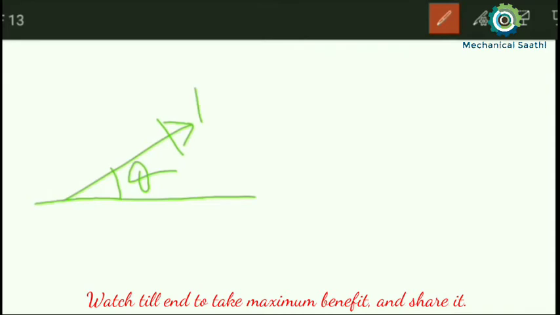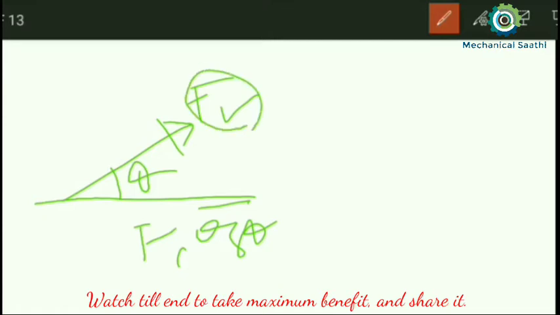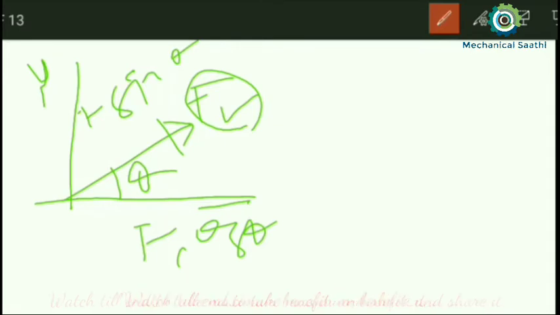Let this magnitude be F, and we need to find the effect of this force along this direction. It will be equal to F cos theta. If I want to find the effect of this force along the y axis, it will be equal to F sin theta. So this much we have already studied.